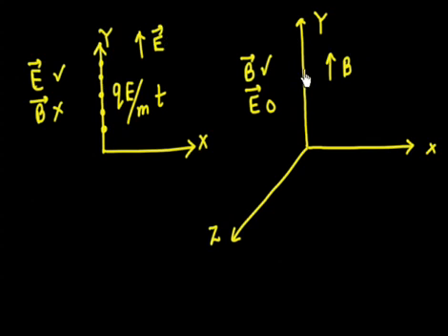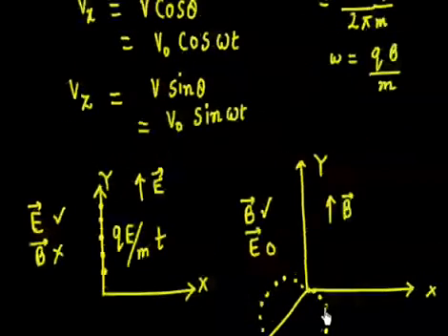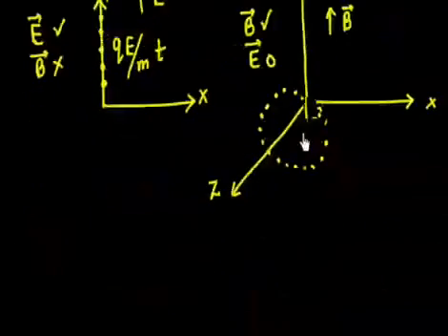We said that you have a motion in the xy plane, a circular motion in the xy plane. And we showed that the x component of velocity is given by v naught cos omega t.